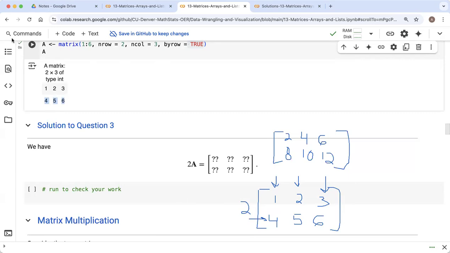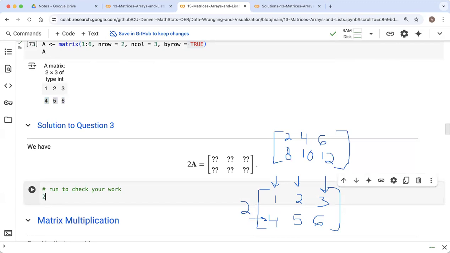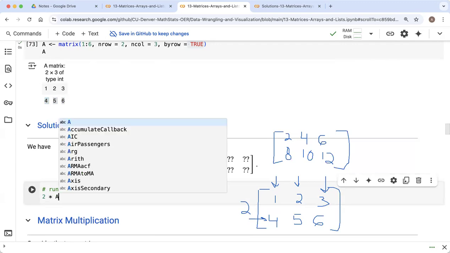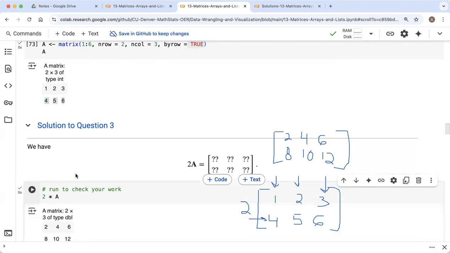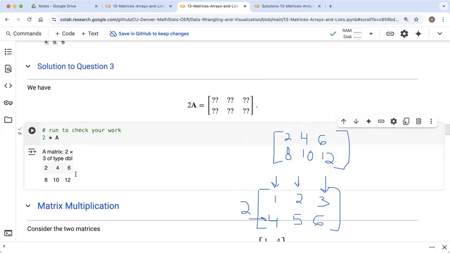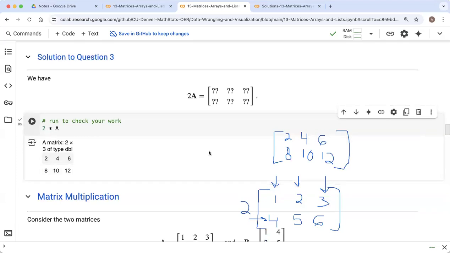And the way that we can do this in R is I simply would take my scalar, use the regular old operation for multiplication, and then enter the matrix A that I've already defined above. So if I run this code cell, I get exactly the matrix 2, 4, 6, 8, 10, 12 as I predicted.